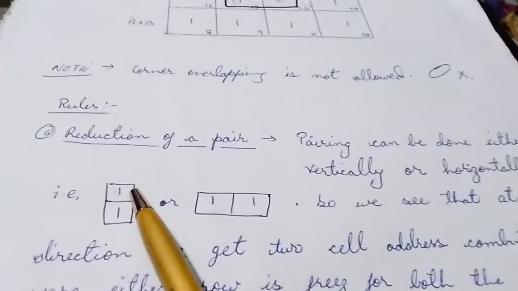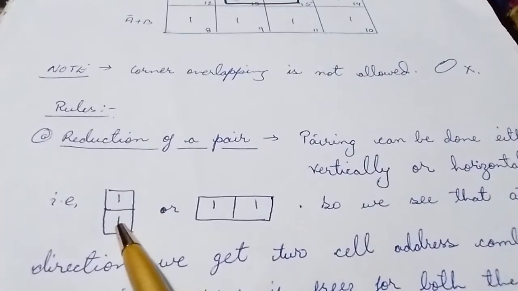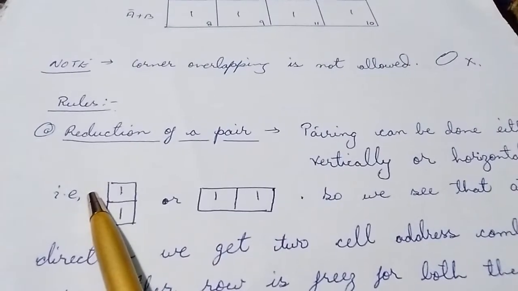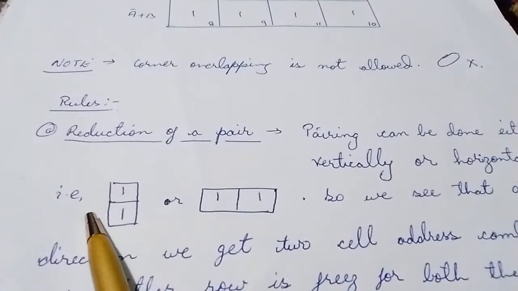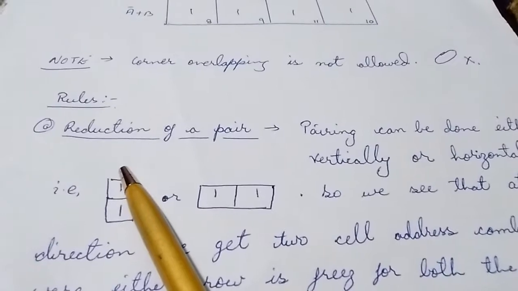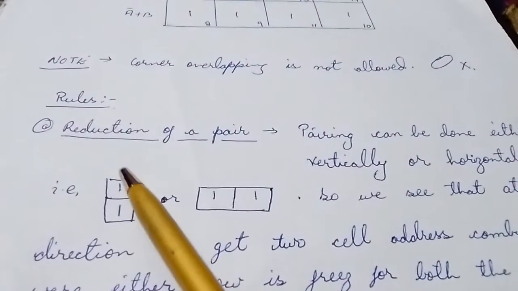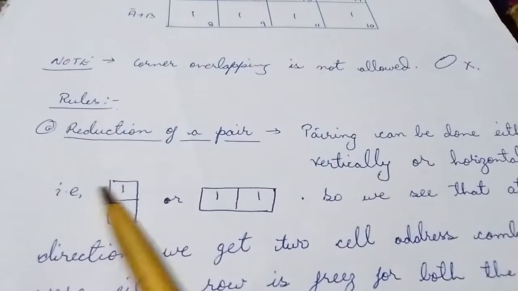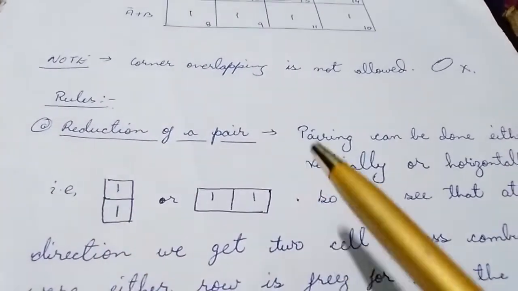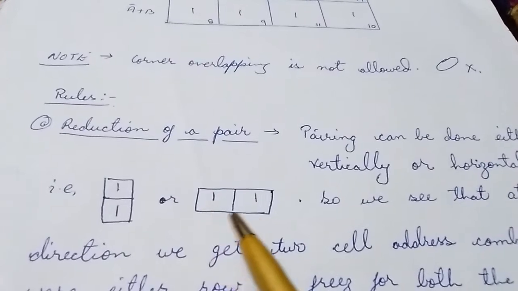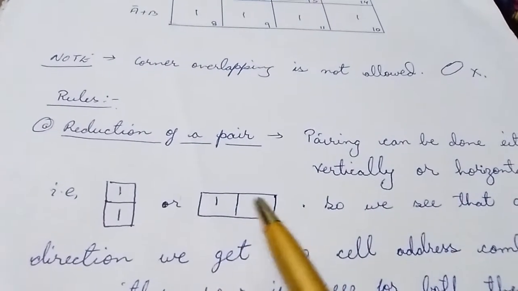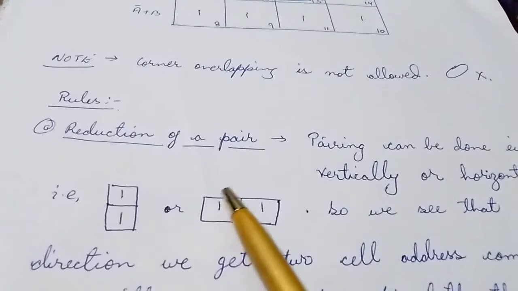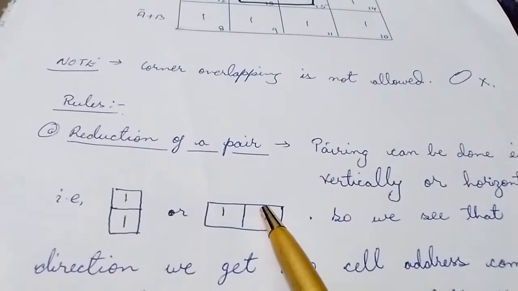This means, for this vertical combination, suppose here we are getting A bar B bar C bar D bar, and here A bar B C bar D bar. Now this C bar D bar is fixed for both, where the changing is in the row. Similarly, if we get the horizontal pair, then the row value is fixed and the column value will keep changing.